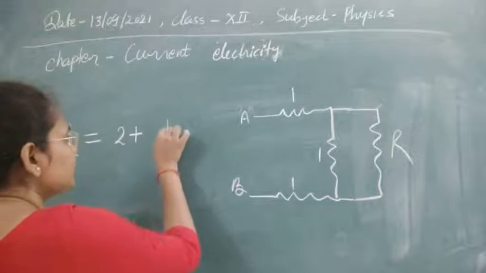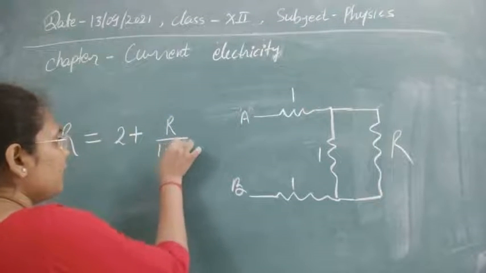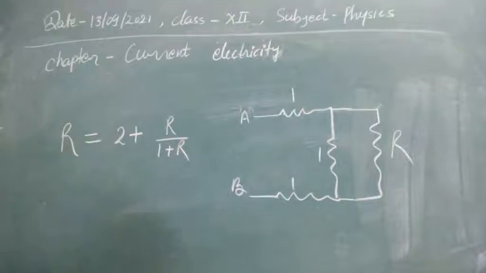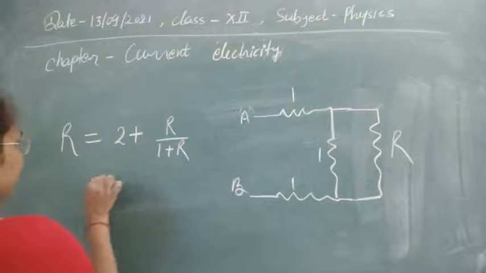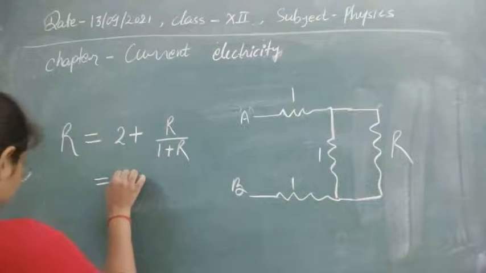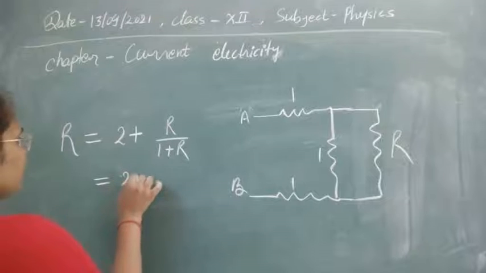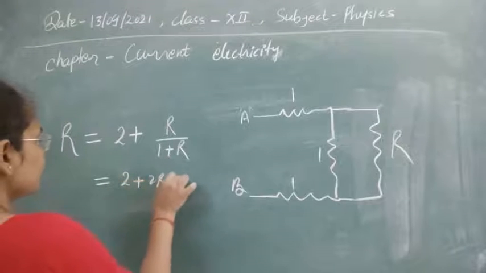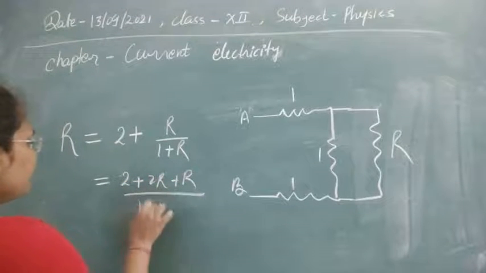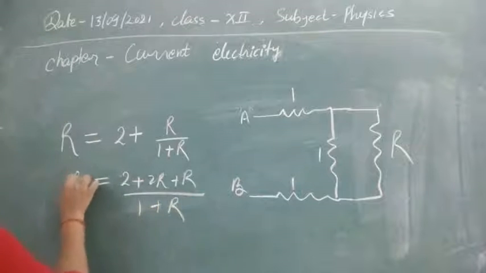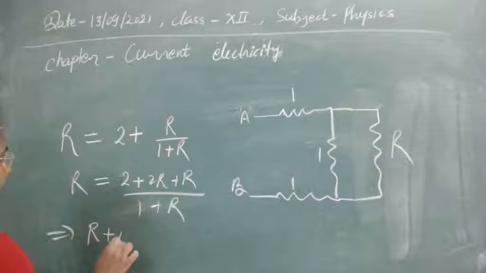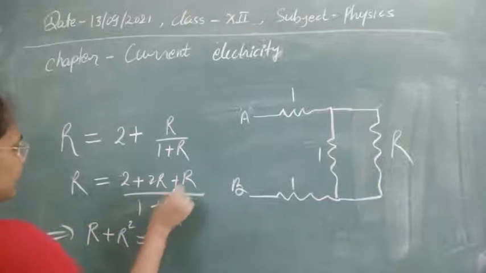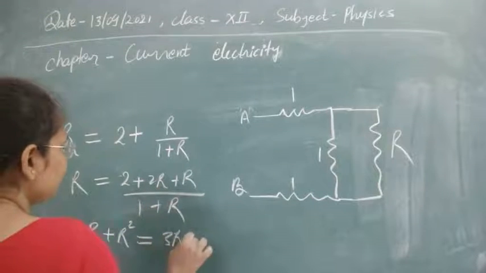So for parallel this will be R upon 1 plus R. If you solve it, the value is obtained as 2 plus 2R, then R upon 1 plus R, this is now R. So let's multiply this here. This is R plus R square, and this will be 3R plus 2.